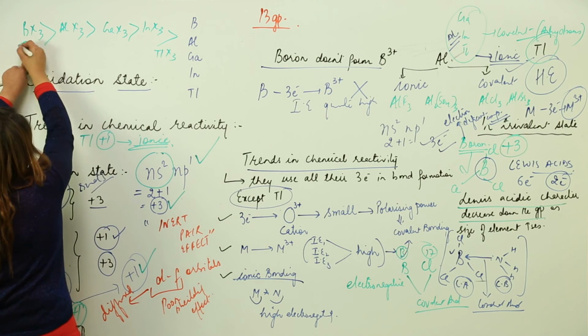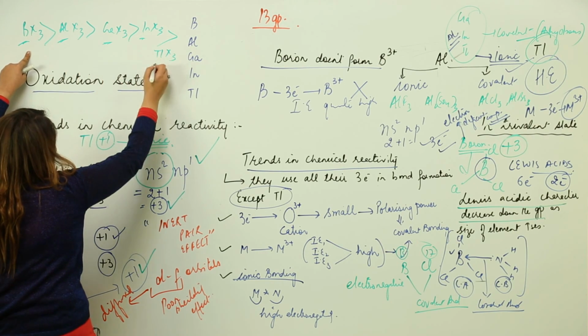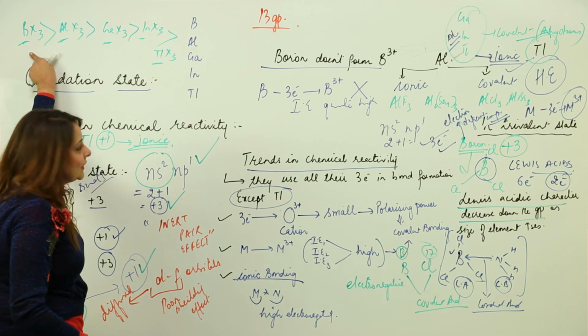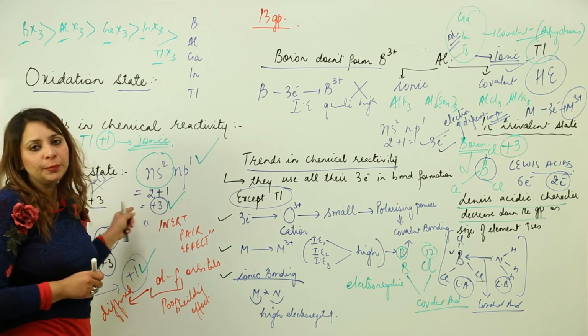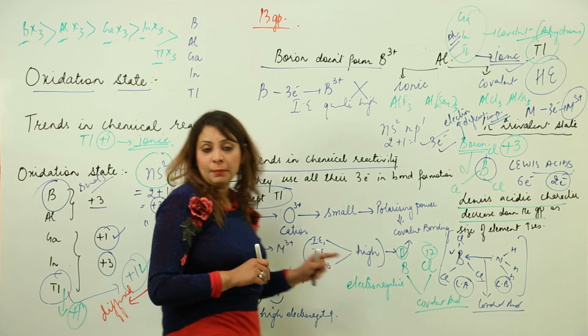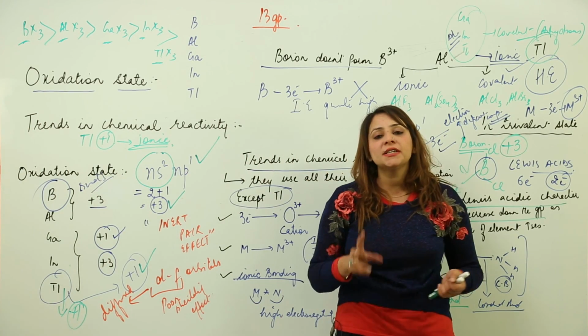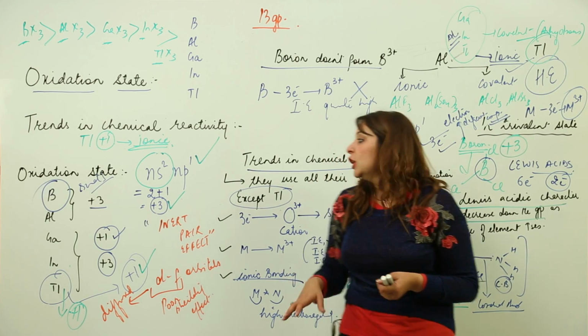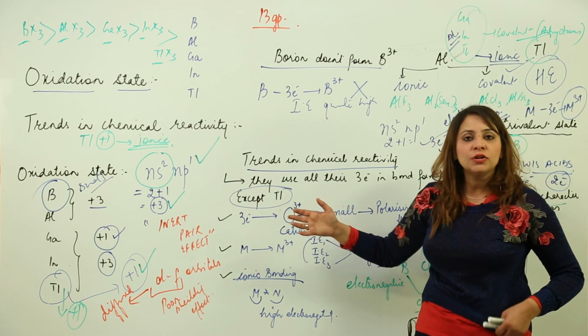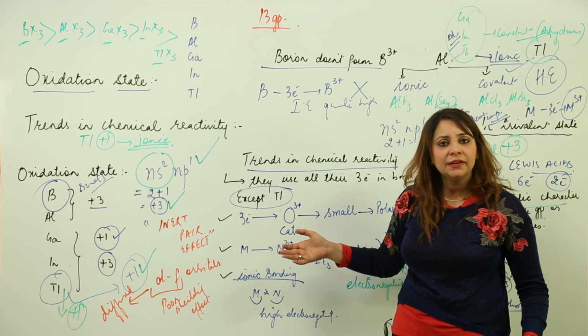As the size of the element increases, the Lewis acidic character decreases. You need to remember that whenever they are present in the trivalent oxidation state, they behave as Lewis acids. So this is the general trend about the oxidation state and trends in chemical reactivity.